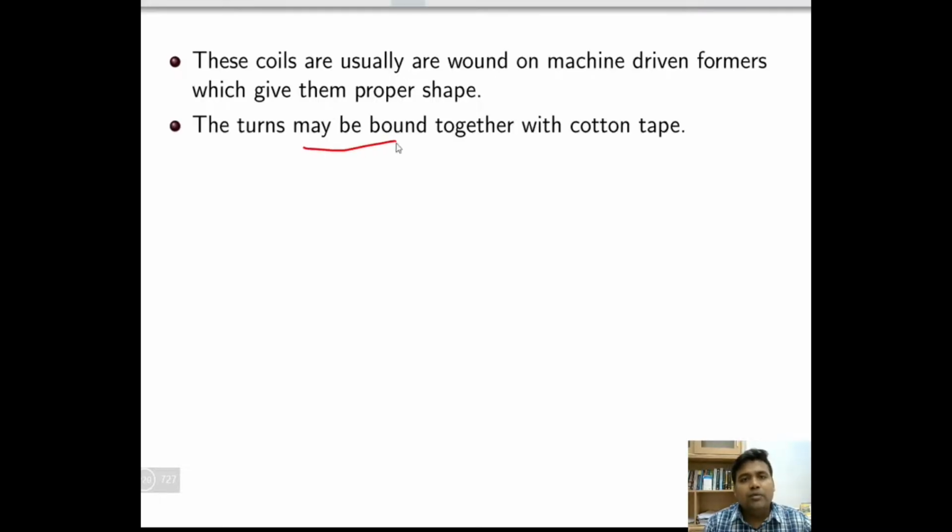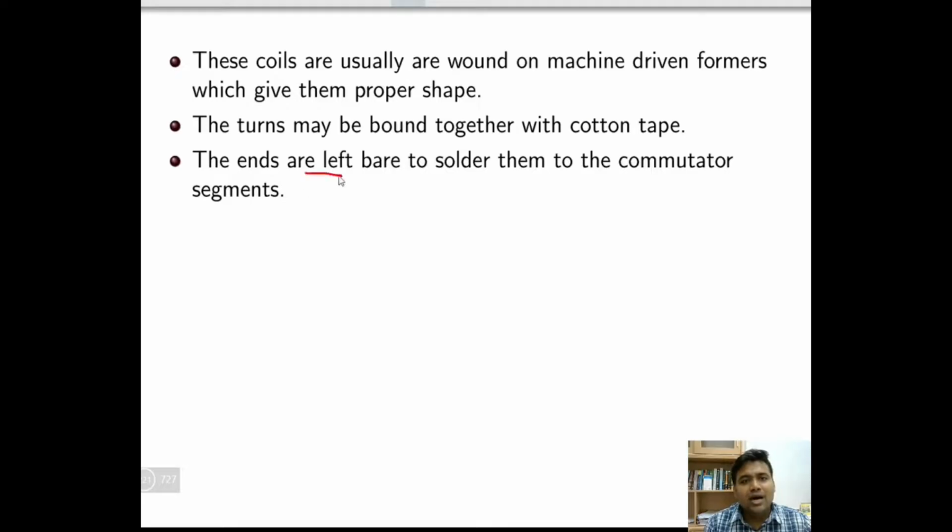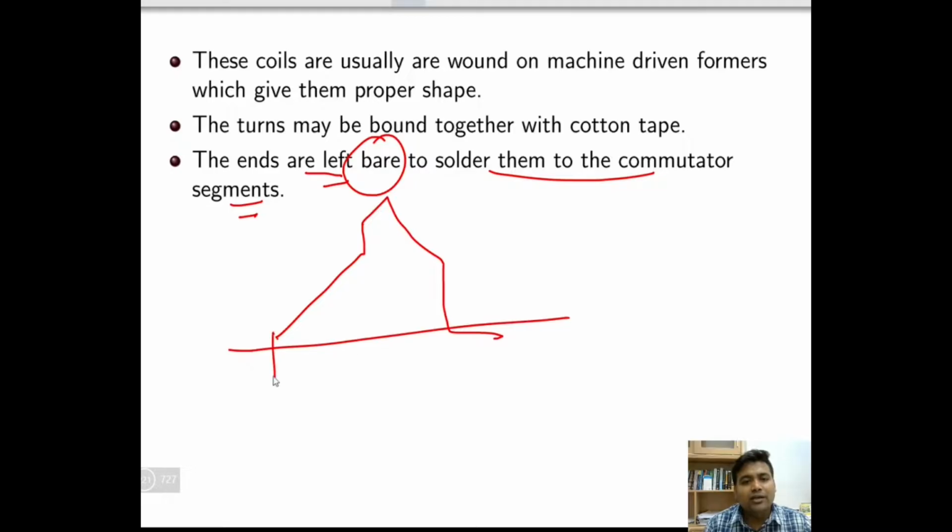The turns may be bound together with cotton tape. The ends are left bare to solder them to the commutator segments.